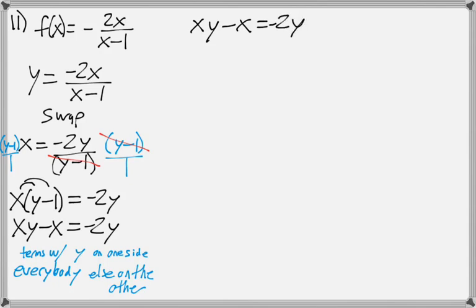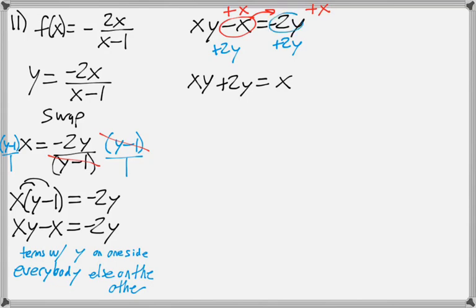So if I add 2y to both sides, and if I add x to both sides, so I'm moving the negative 2y to the left, and I'm moving the negative x to the right, then this will be xy plus 2y is equal to x. So I've moved this one over here, and I've moved this one over here.